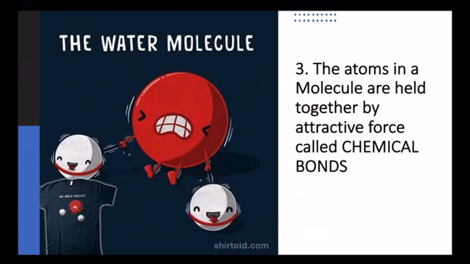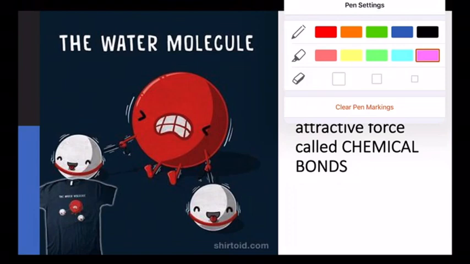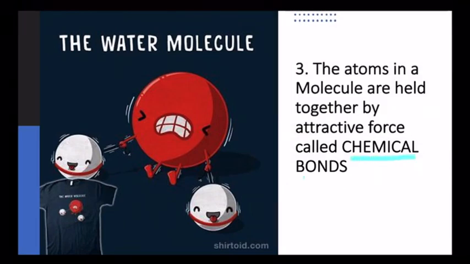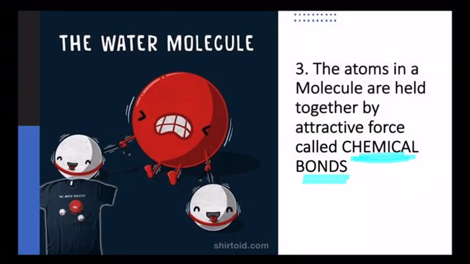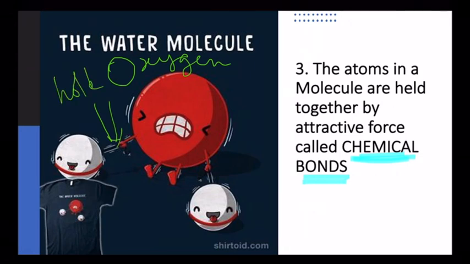The atoms in a molecule are held together by an attractive force called a chemical bond. This is the definition of chemical bond. Now, what is a chemical bond? You see here in the picture, this is a molecule of oxygen, which is tightly holding over here, and here also.